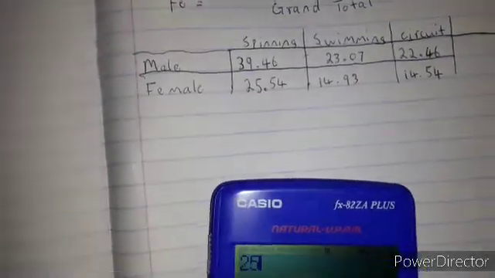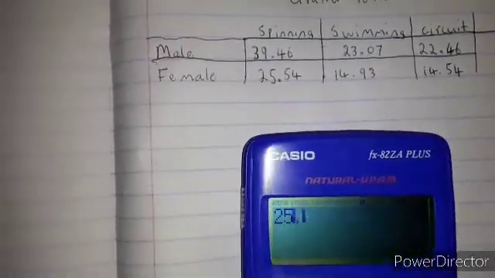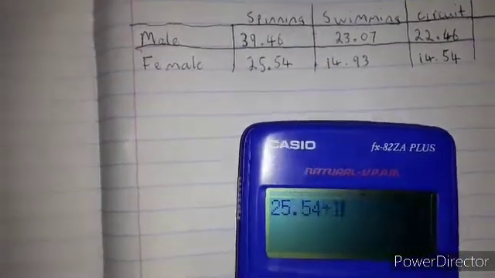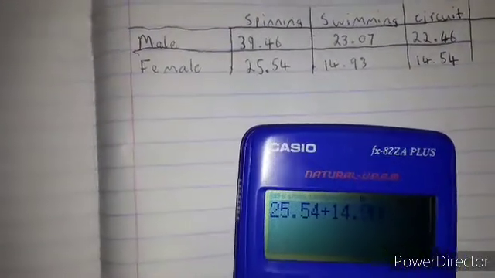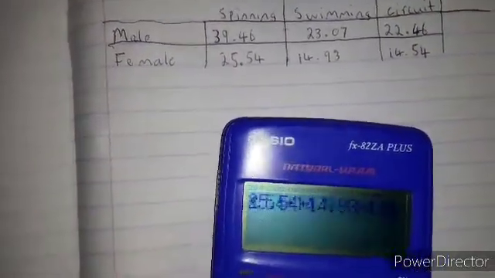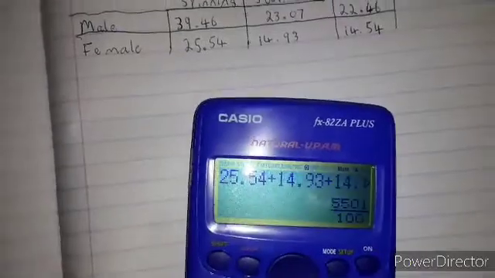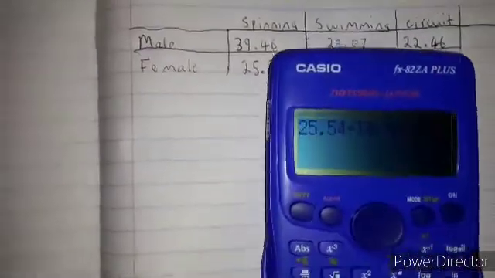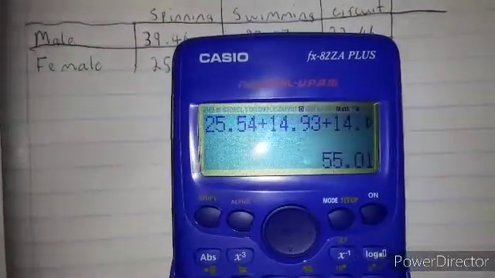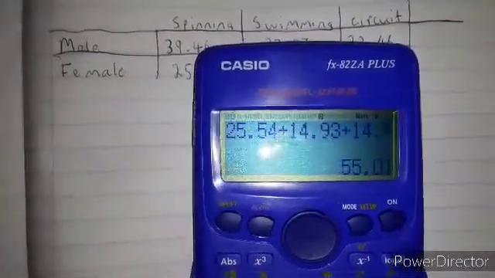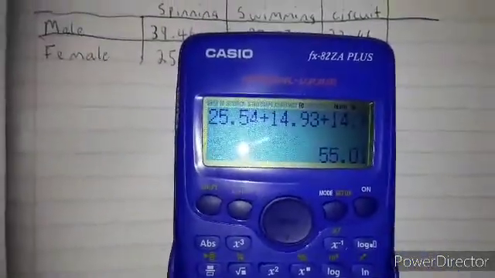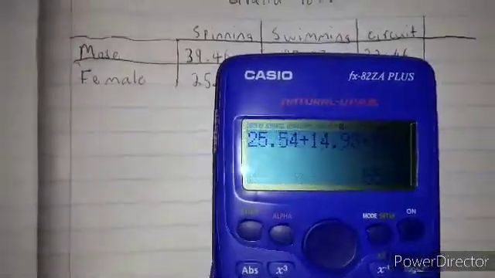So 25,54 plus 14,93 plus 14,54 should give us 55 or something close to 55. Yes, it's 55,01. It's very, very close.